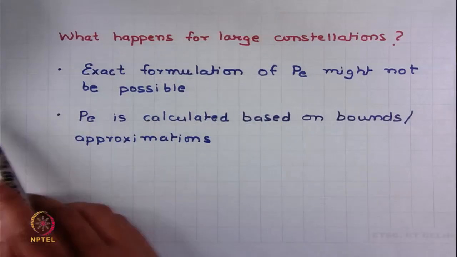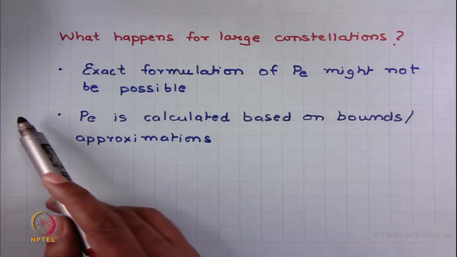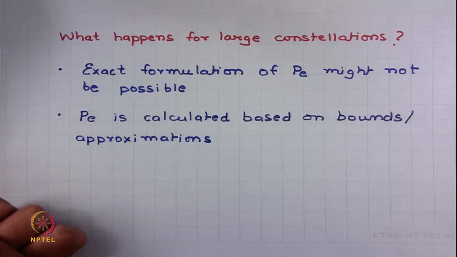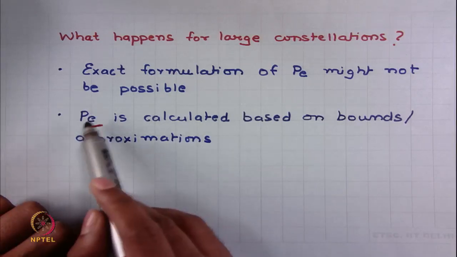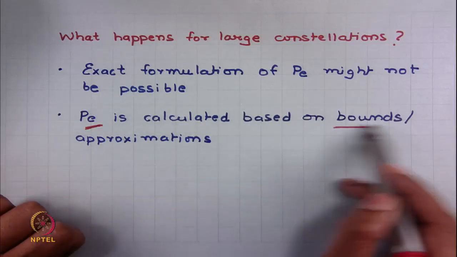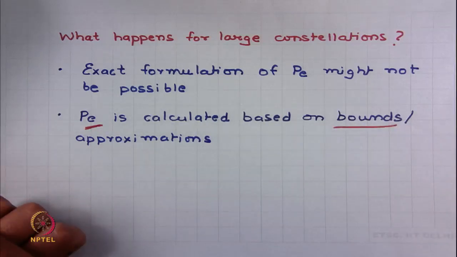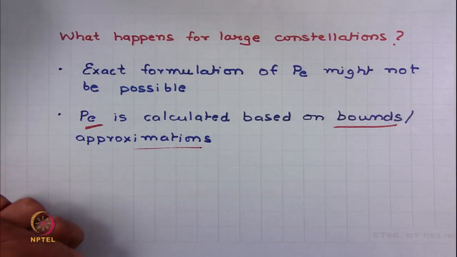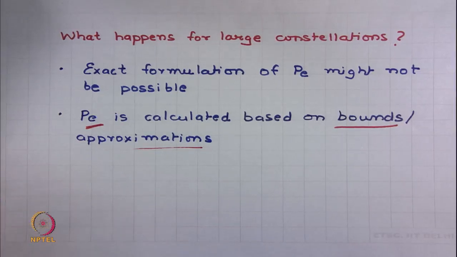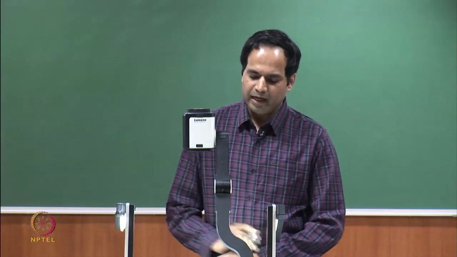So, in case of large constellations, an exact formulation of probability of error might not be possible, and what will then be possible is to calculate this probability of error using some bounds or some approximations. Now, we will learn about these bounds and approximations that you can use to calculate the probability of error for large constellations. And the first bound that we will study is the union bound.